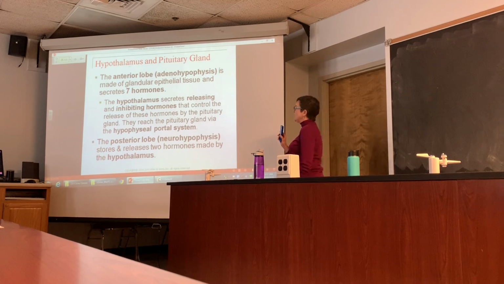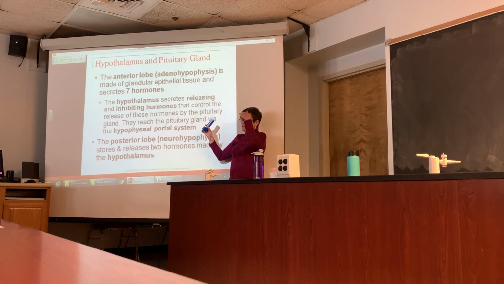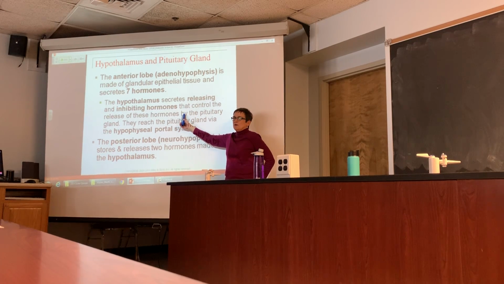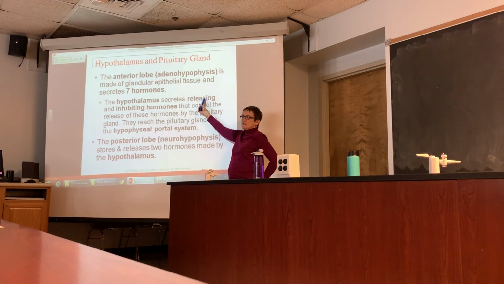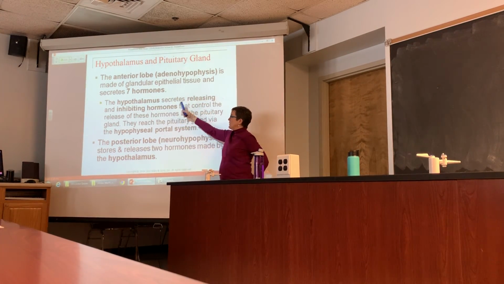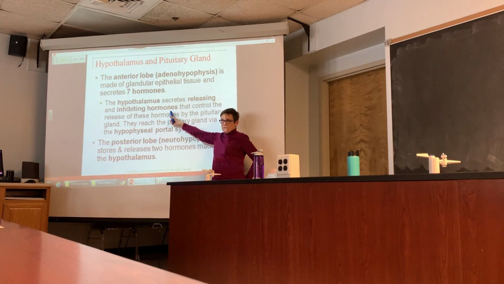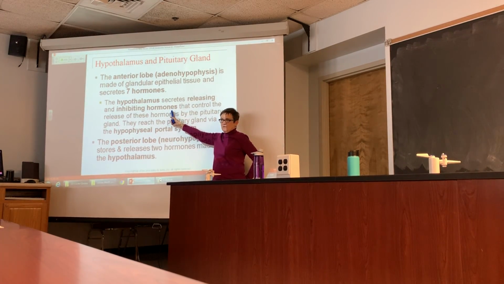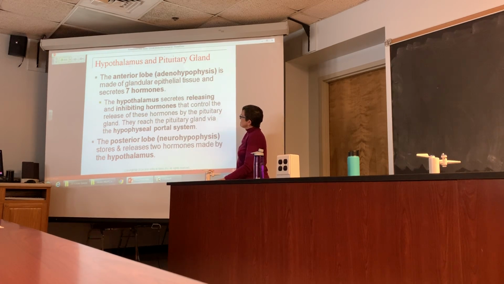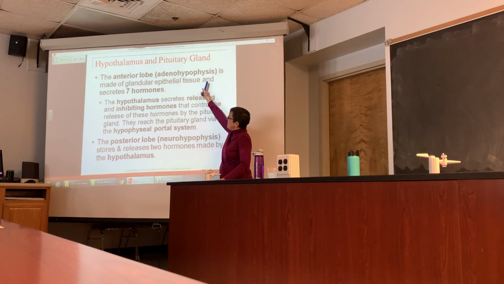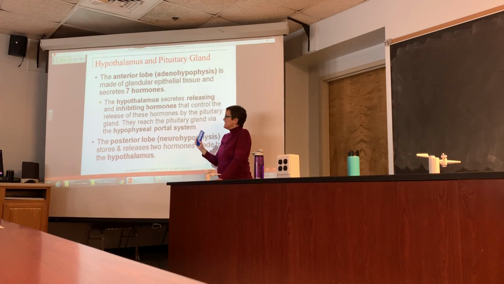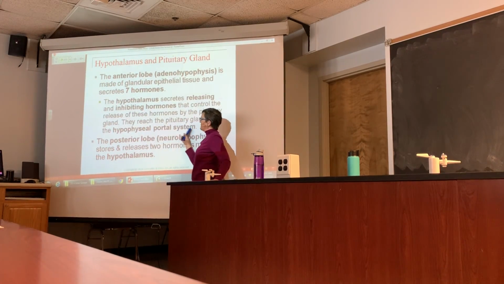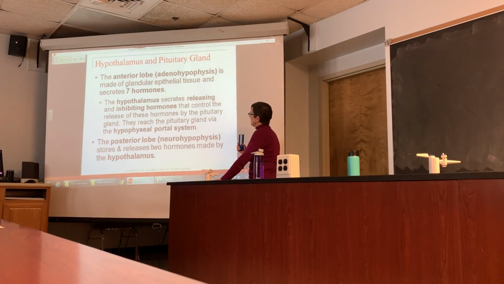The hypothalamus above the pituitary secretes what are called releasing and inhibiting hormones that either stimulate the release of a particular hormone or inhibit production of a hormone. So there's a lot of regulation by the hypothalamus. And these two, the hypothalamus and the anterior pituitary, are connected by what is called the hypophyseal portal system, and we'll look at that in a minute.